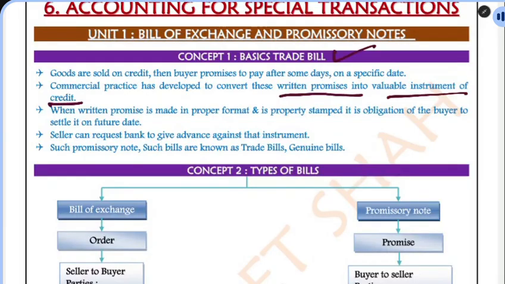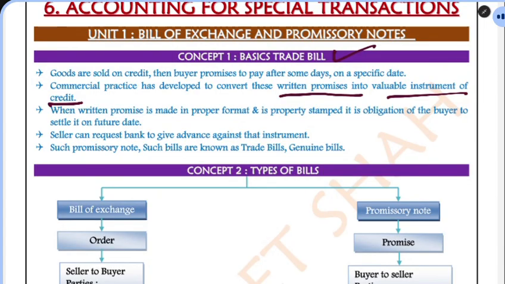When a written promise is made in proper format and is properly stamped, it is the obligation of the buyer to settle it on a future date. See, whatever bill you issue after the sale, invoice or cash memo, may not be constructive evidence of the transaction, especially in a court of law.